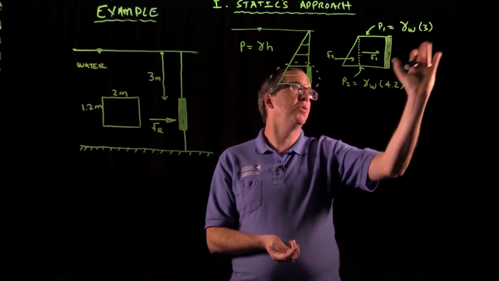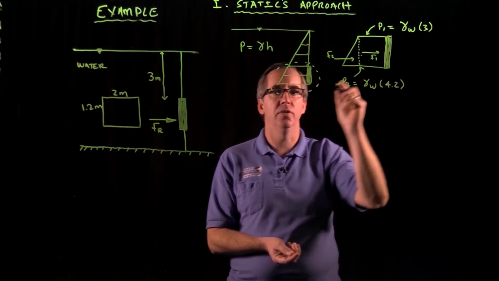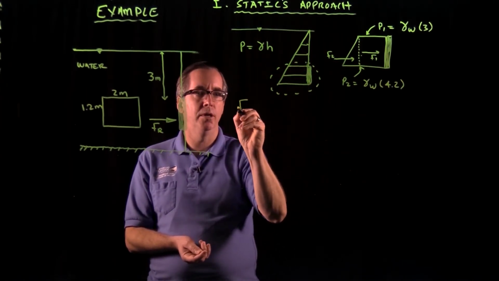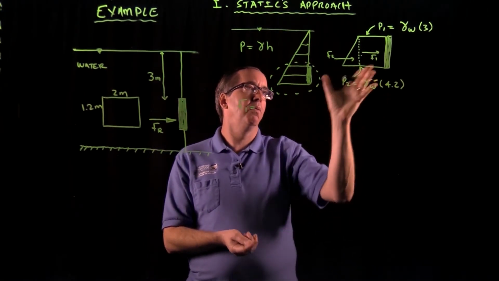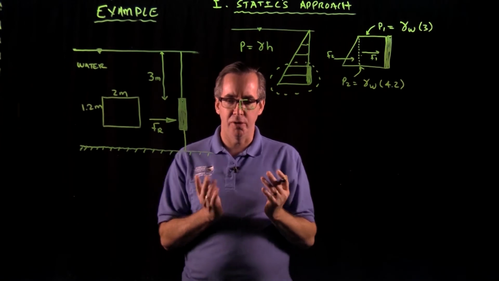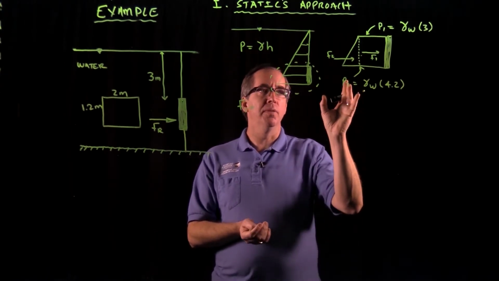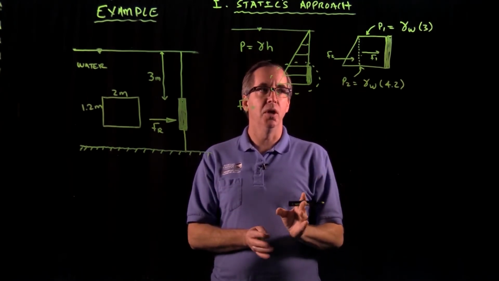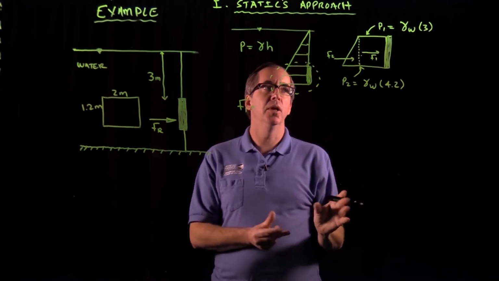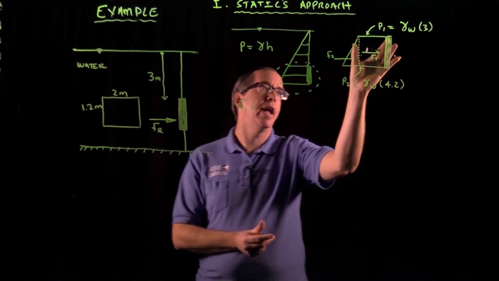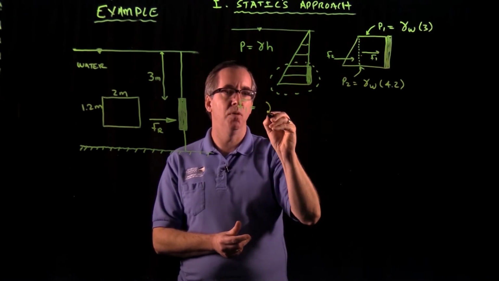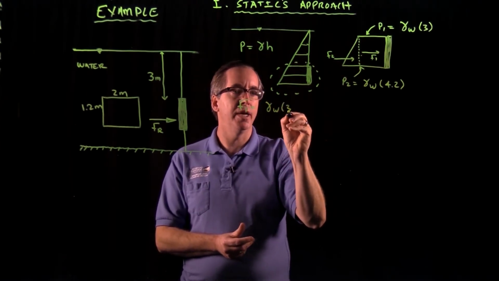So now we have to solve for the magnitude of these forces. F1 is going to be equal to, thinking back to statics when you're doing distributed loads, the magnitude of the force within a distributed load was the area of the distributed load. So the area of this rectangle has a base of gamma water times 3.